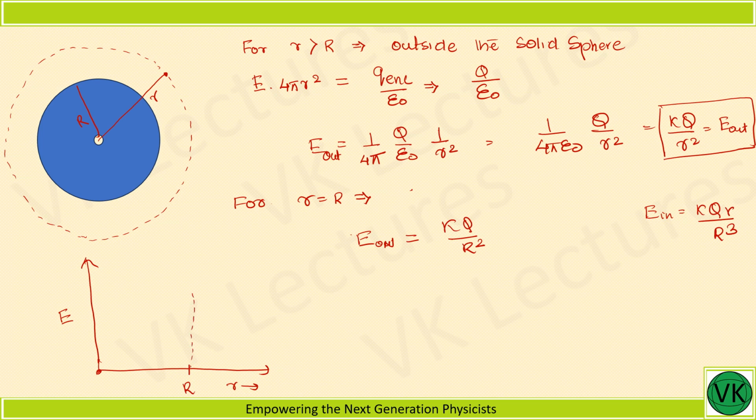So up to capital R it is directly proportional, and from that point onwards it is inversely proportional. So here electric field is proportional to r, and here we have electric field proportional to 1 by r square.